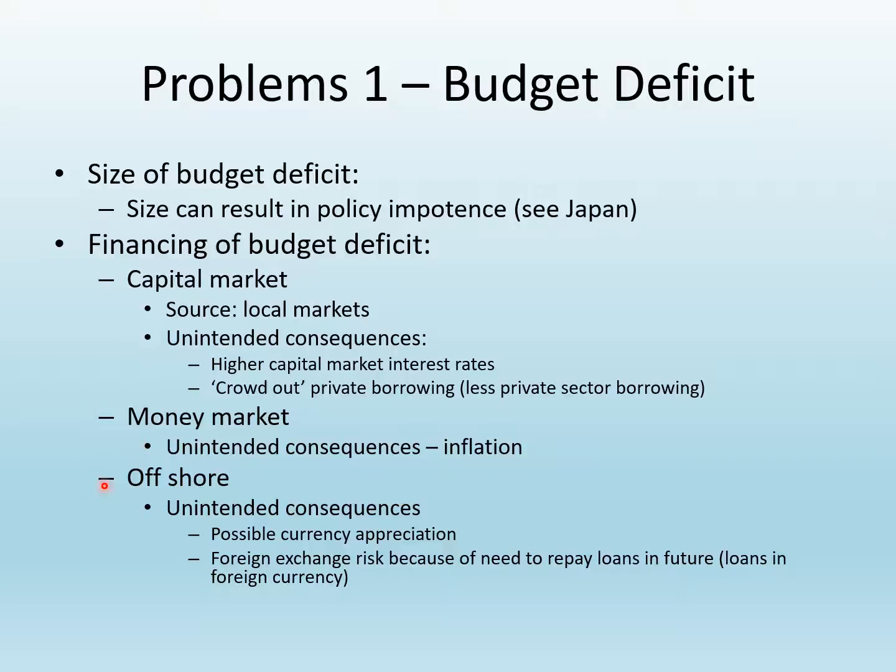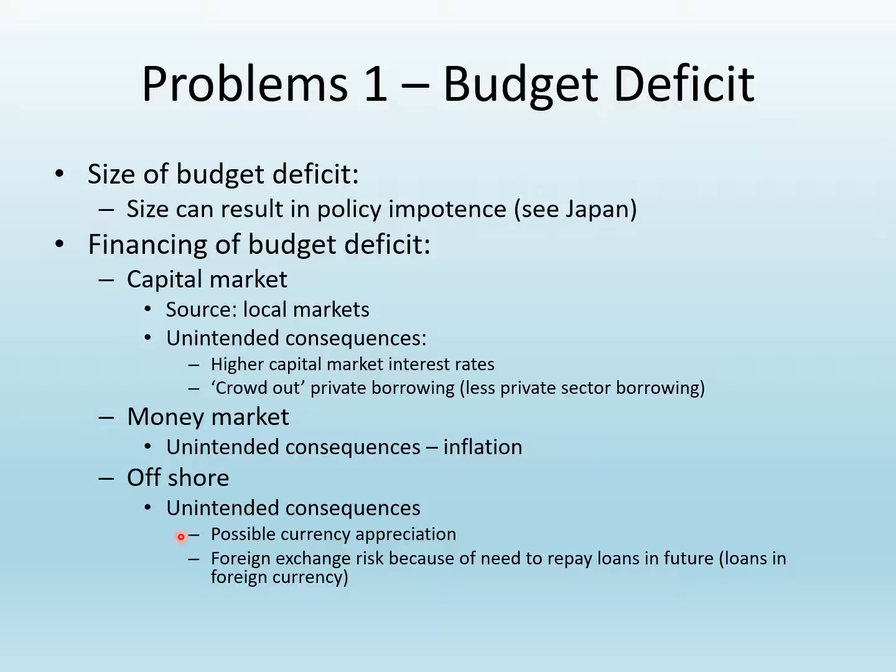The final source of funding is to borrow offshore. So you borrow into international markets, and the unintended consequence of that is you can get a currency appreciation. I'm borrowing offshore, and I'm bringing foreign exchange back into the country. So in the foreign exchange market, the curve that moves is an increase in supply of foreign exchange.